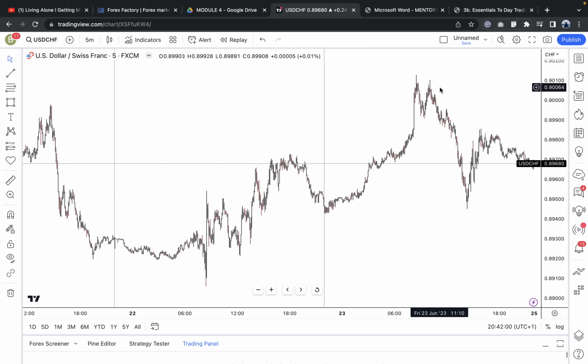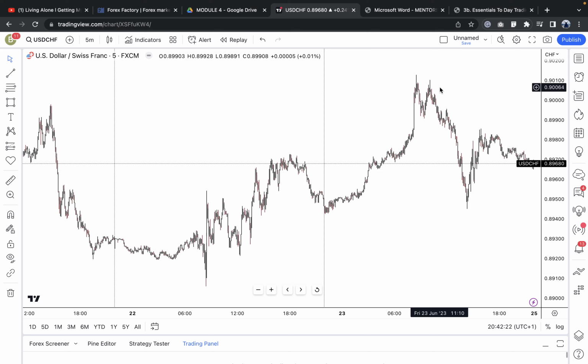Now with the flow, you're gonna notice that sometimes that consolidation between 2 p.m. to 8 p.m. Eastern, sometimes that bleeds into Asian session. So you can get a situation whereby the range that starts during that dead zone or dead period from 2 p.m. to 8 p.m. Eastern continues into Asian session.